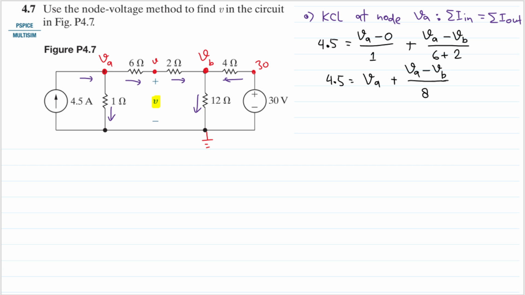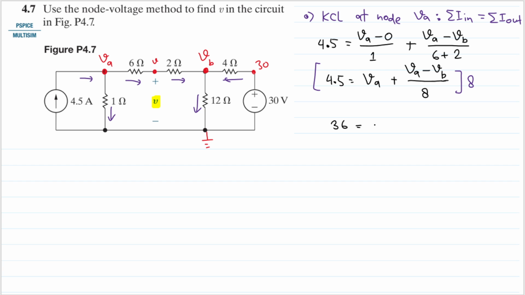Okay, maybe let's multiply both sides by 8. I want to get rid of the 8 there. So we will have 4.5 multiplied by 8. That will be 36, I think. Yeah, 36.